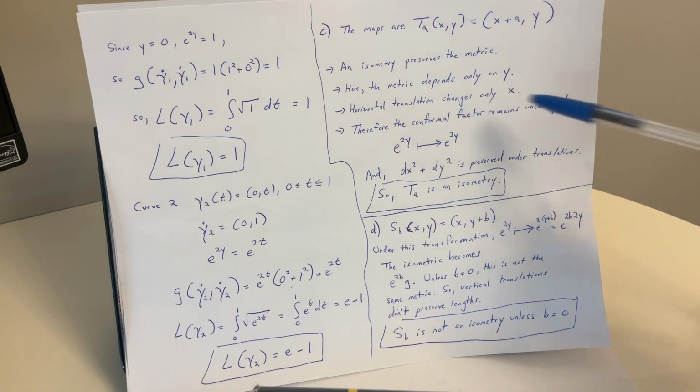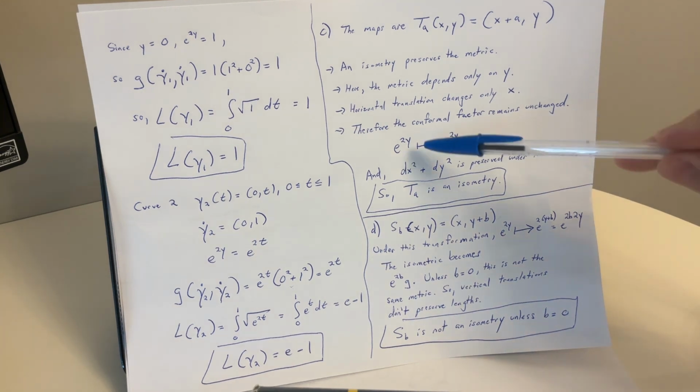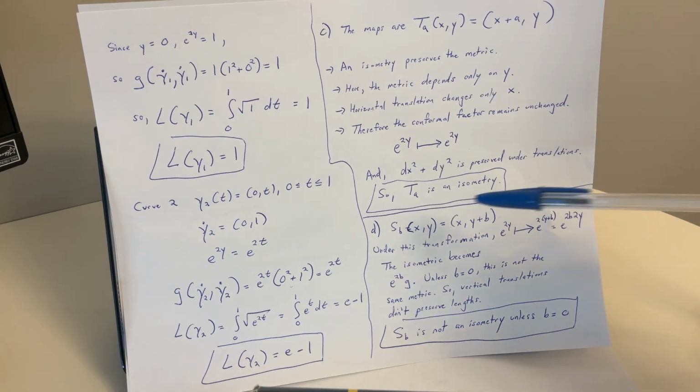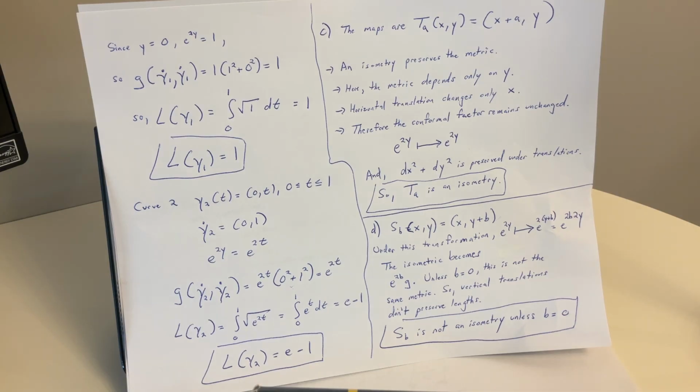A horizontal translation changes only x, so the conformal factor remains unchanged. So this e to the 2y maps to e to the 2y, and dx squared plus dy squared is preserved under translation. Thus, T sub a is an isometry.